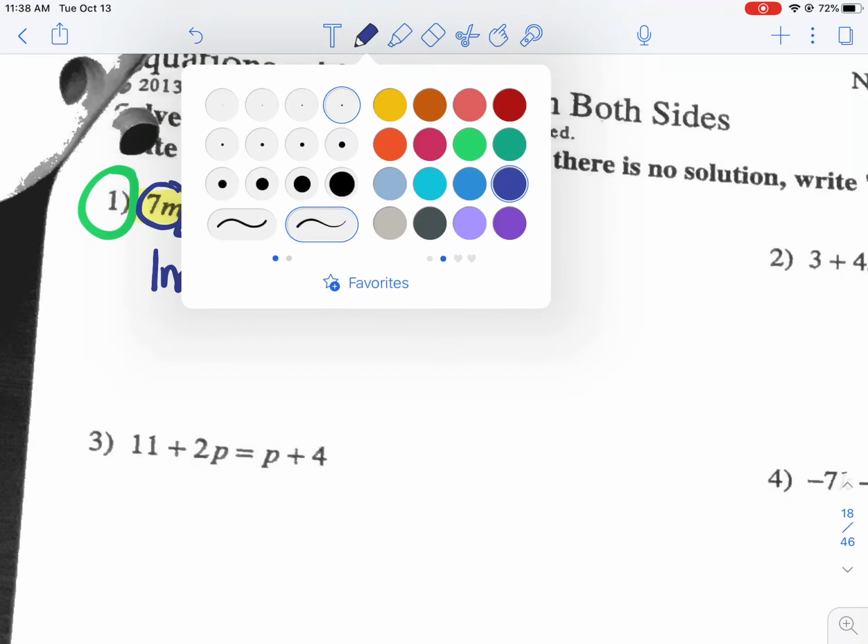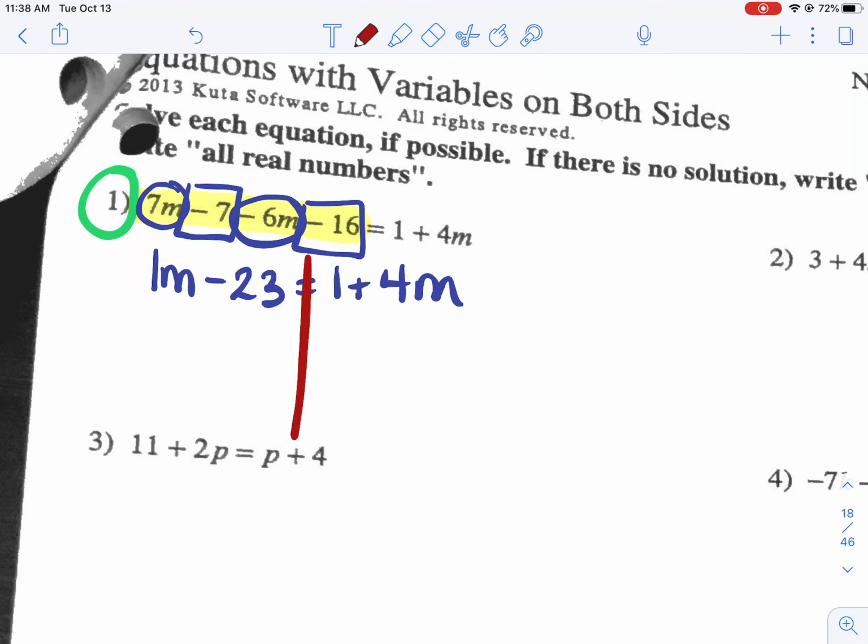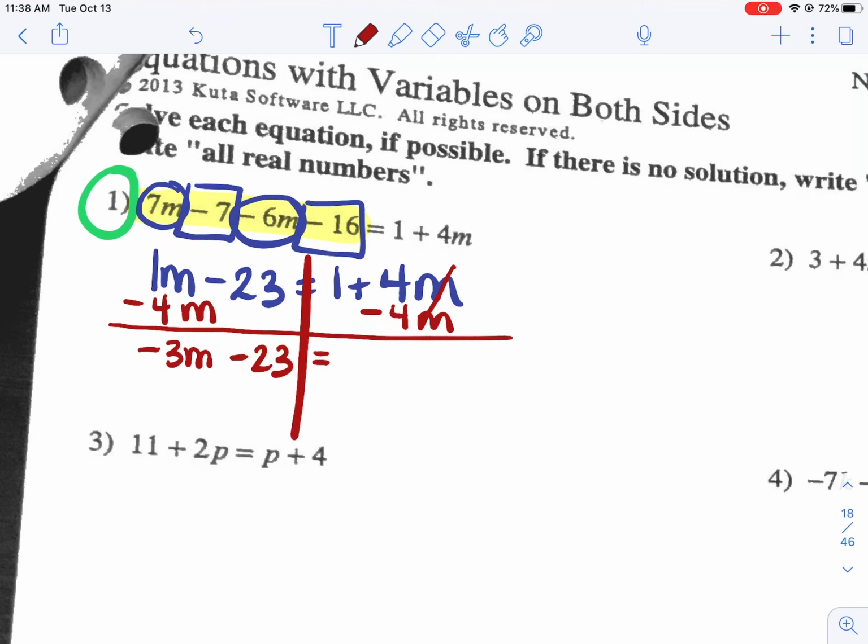So now there's a couple of ways to solve this. I'm going to write down the middle, draw my line. Let's take away 4m from both sides. We're going to solve here. We have negative 3m minus 23 equals 1. And then this just becomes a two-step equation, which you guys are awesome at.